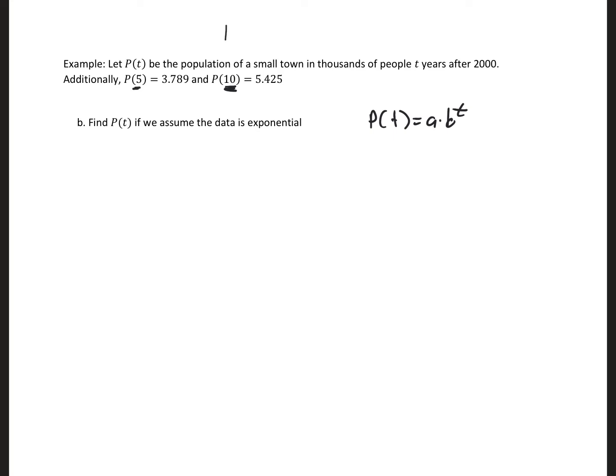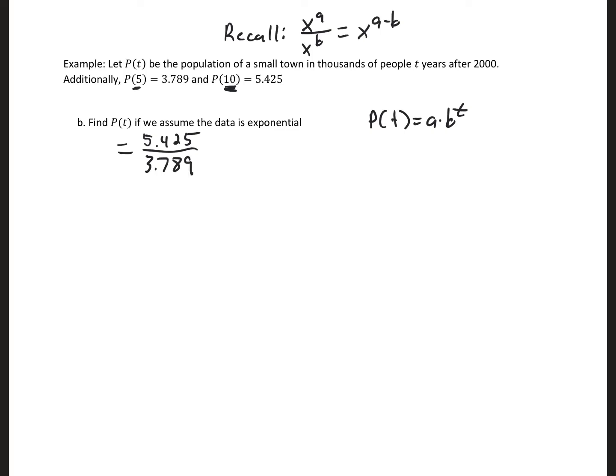So I just want to recall a quick exponent rule that we're going to use. If you have x to the a over x to the b, that is really x to the a minus b. And you'll see why that's coming in handy in a second. So what we're going to do is we're going to use the proportional relationship of the future output, 5.425, divided by a previous output of 3.789.